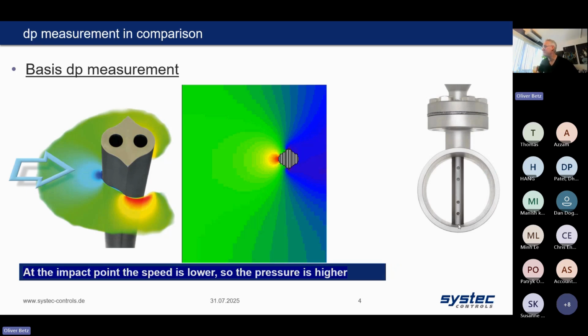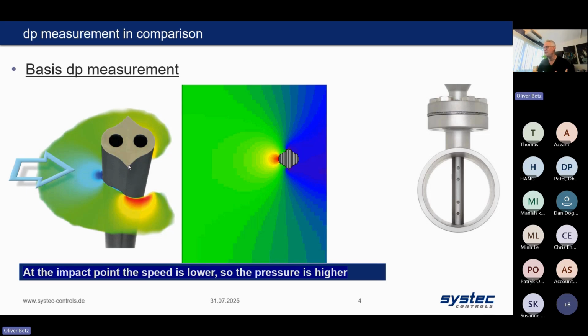So you have this profile, this very special profile of SysTech in a pipe, and you have a number of tappings to collect an average pressure in the pipe. Just one word about this profile. This is a patented profile of SysTech, where we have a smooth impact and we have the speed up curves.